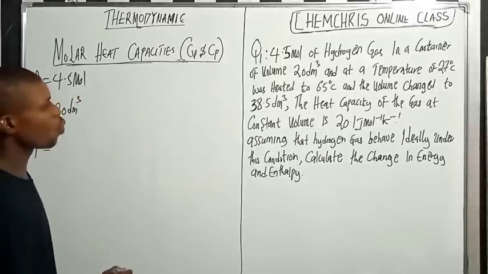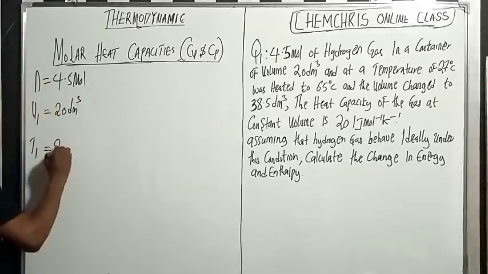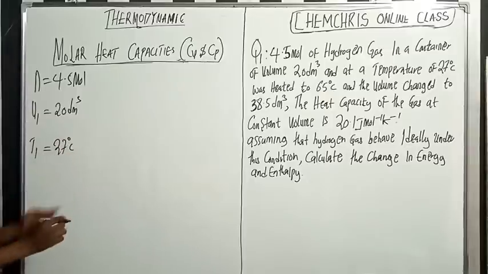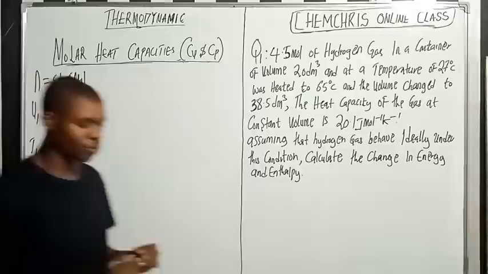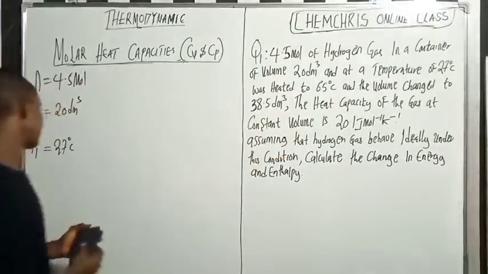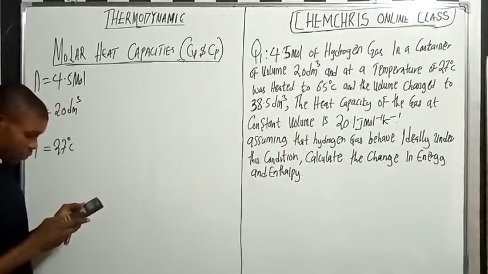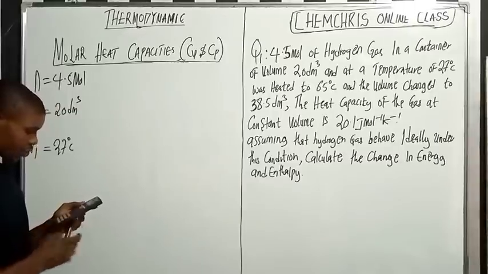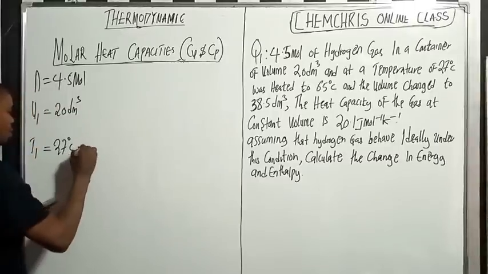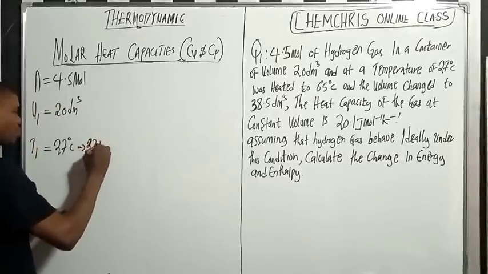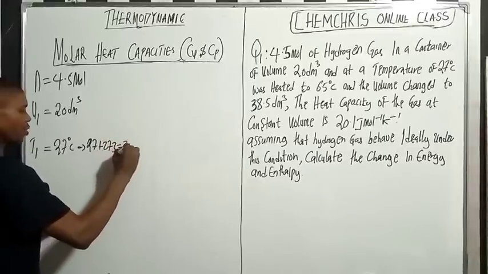My T1 is 27 degrees centigrade. Remember, we always convert degrees centigrade to Kelvin by adding 273, so 27 plus 273 equals 300 Kelvin.